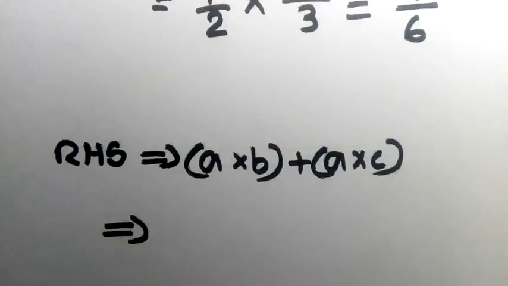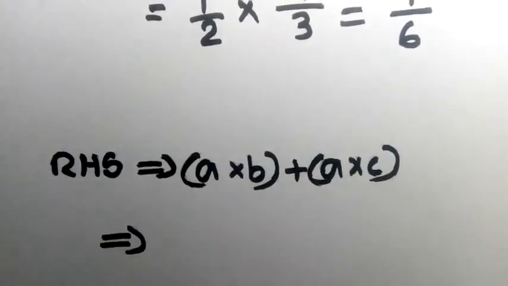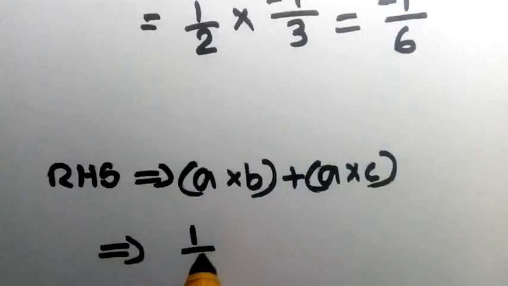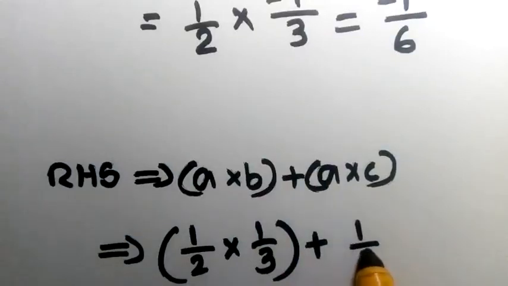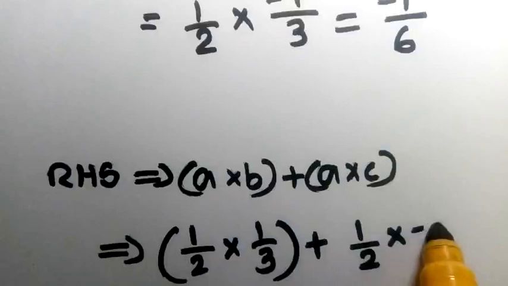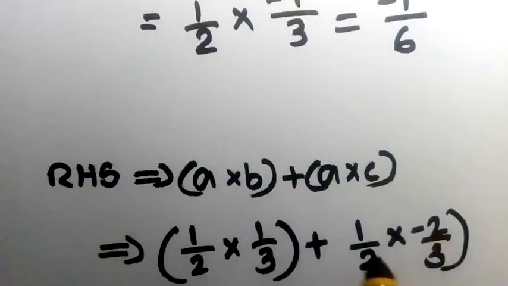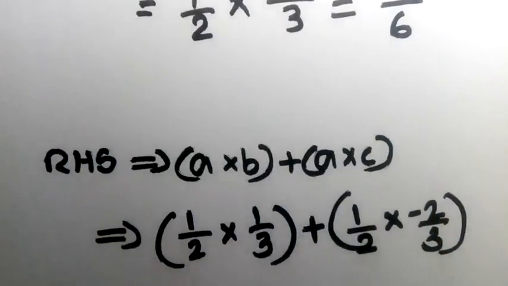So we know that we took A is equal to 1 by 2 into B, which is 1 by 3, plus A into C, 1 by 2 into minus 2 by 3. Okay.